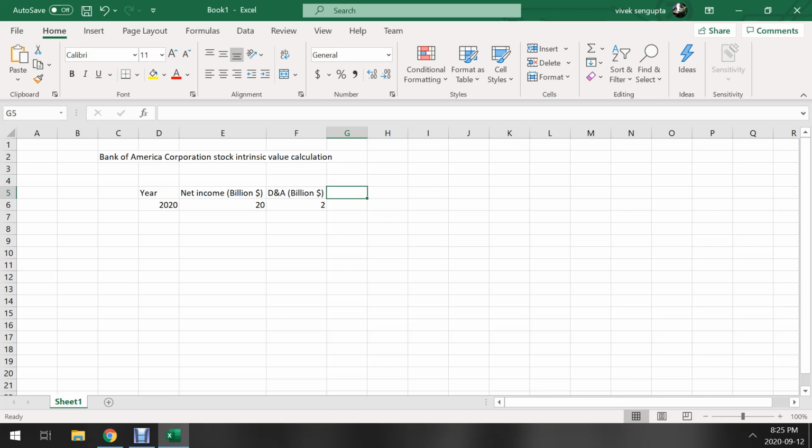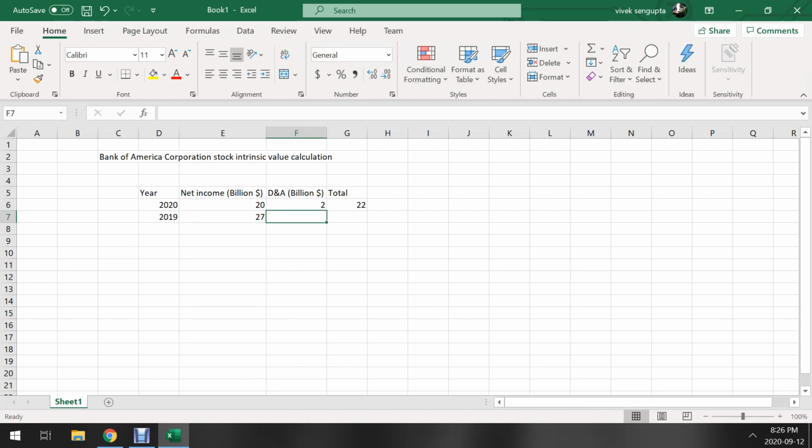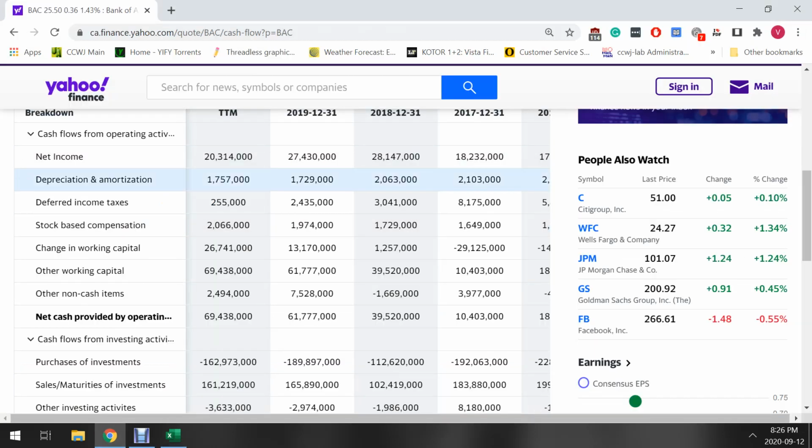So what is the cash that the bank is producing? It would be the sum of these two at the end of 2020, let's say, right? Oh, sorry. I should change this so that I have a formula. And then we can go backwards. 2019, you have 27, and this you have again around 1.7.